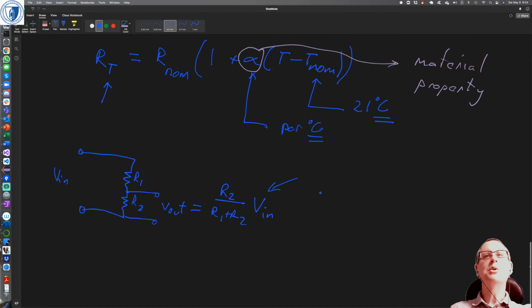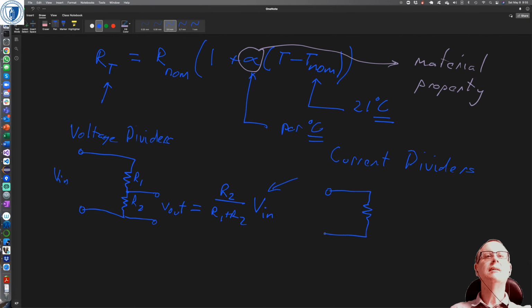So then the other one is current dividers. So this is voltage dividers. And the other one is current dividers. And remember, current dividers are trickier, right?